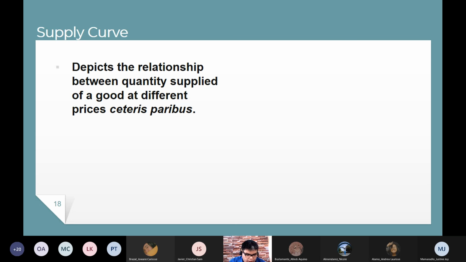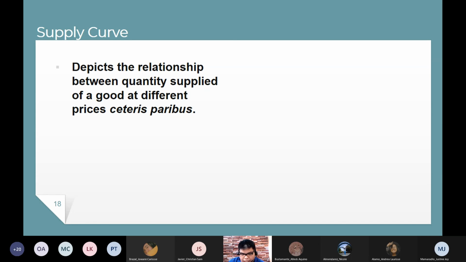A quantity of a good that an individual or groups are willing to produce and sell depends on the price per unit of the good. Again, usually sa cellphone, ano ba yung mas mabenta? Yung mamahalin o yung gitna o yung mumurahin? So usually ang ginagawa nila dyan, mas marami yung mga medium price.